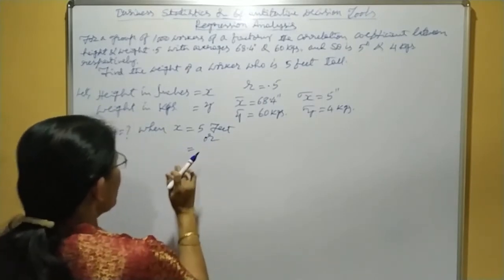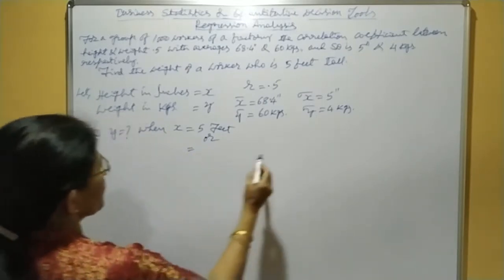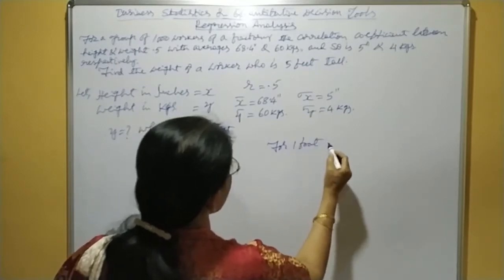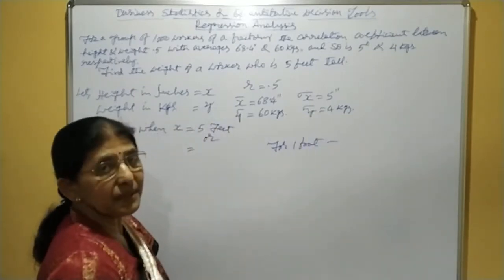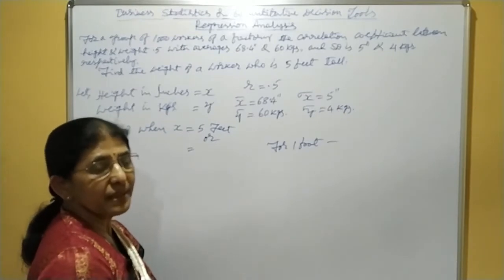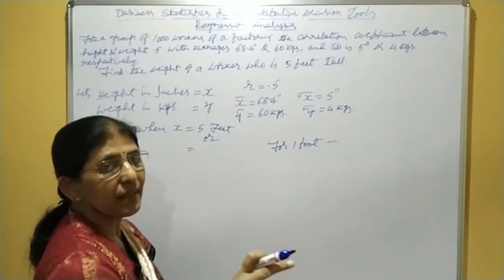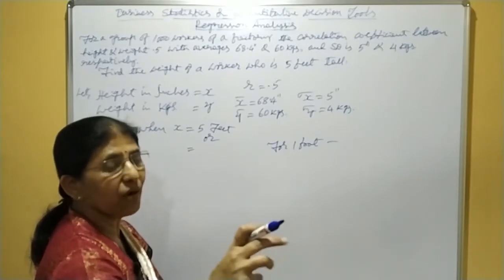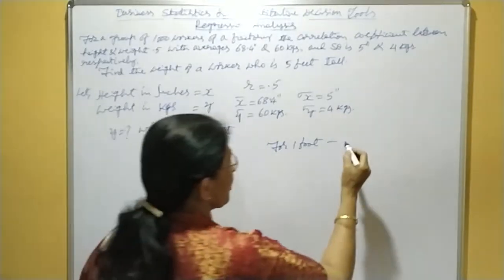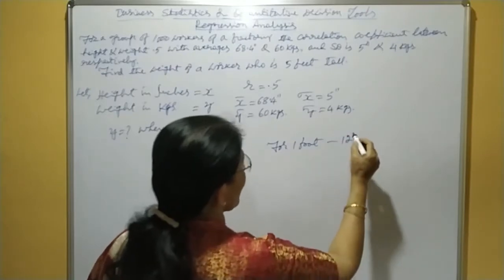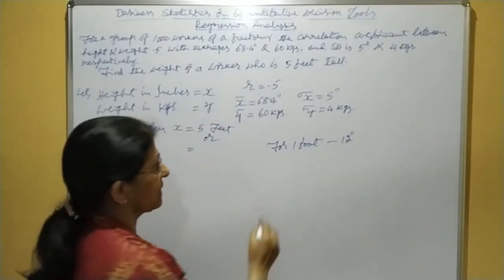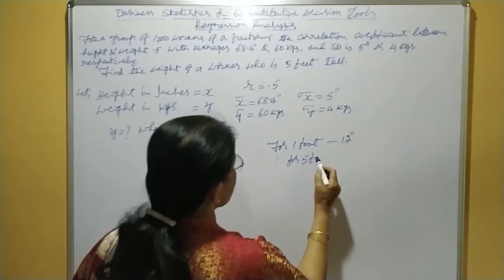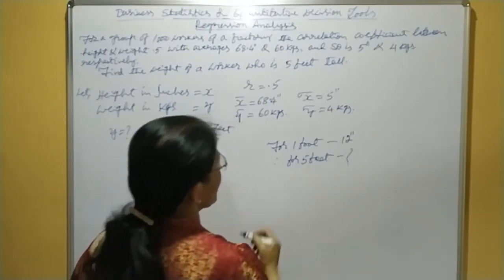For 1 foot, how many inches? If you observe the scale, that long scale is 1 foot. How many inches are there in that long scale? If you observe, you may find there are 12 inches. Therefore, for 5 feet, how many inches?